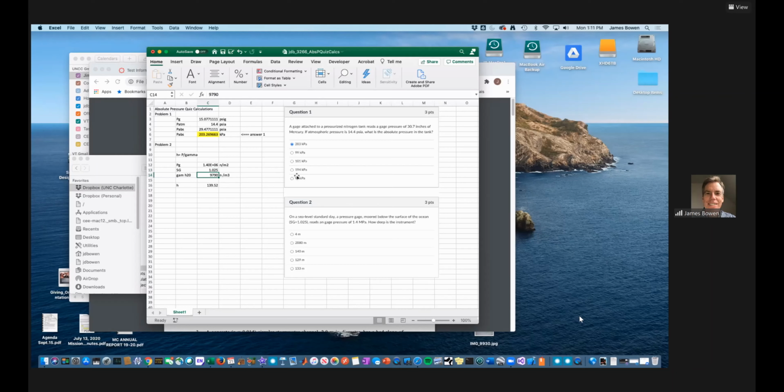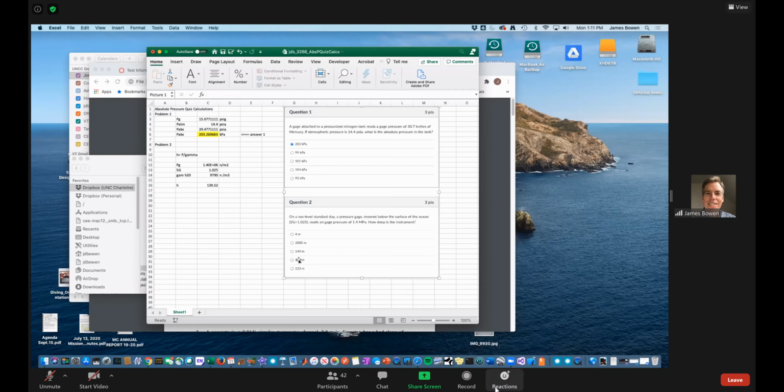I guess it's seawater. And so you take the gauge pressure that we're given, divide by the specific gravity, divide by the gamma of water to get the answer 139.5, which gives you 140, which is the correct answer.